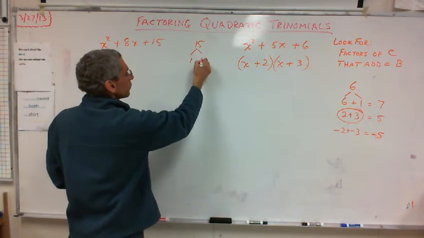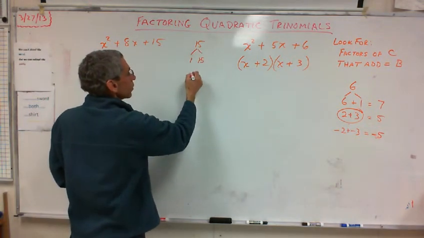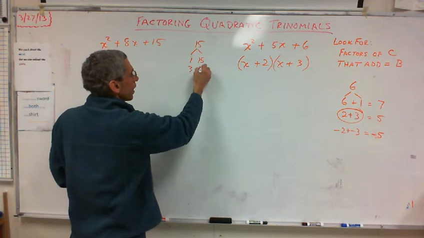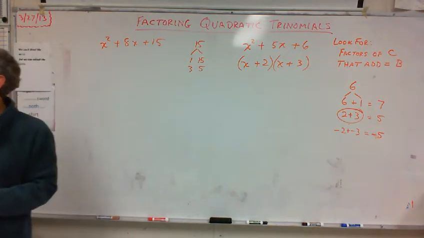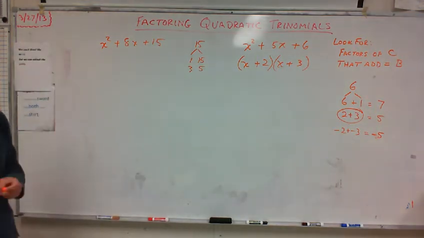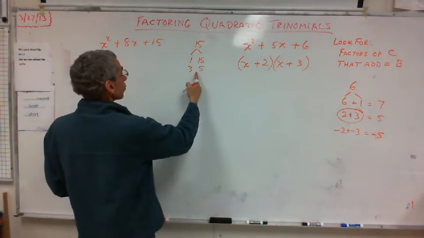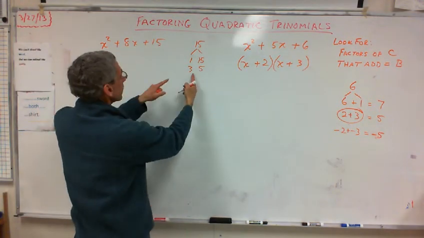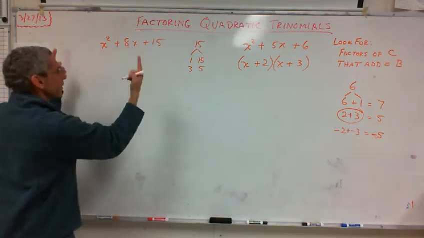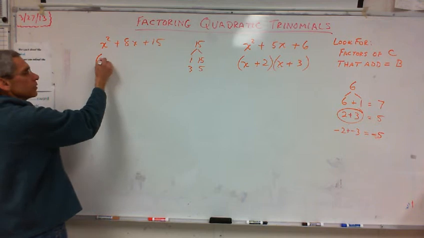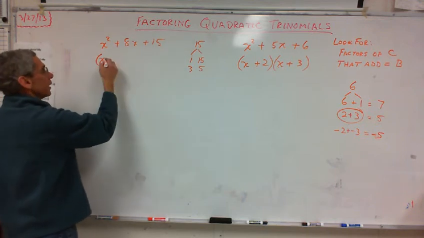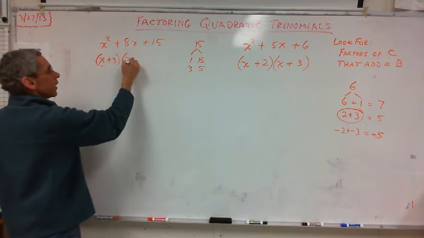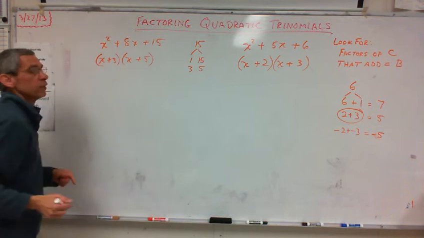Okay, 1 times 15, or 3 times 5, and that's about it. Yes, it's 3 times 5, because 3 plus 5 is 8, and 3 times 5 is 15. So all I do is x plus 3 times x plus 5.